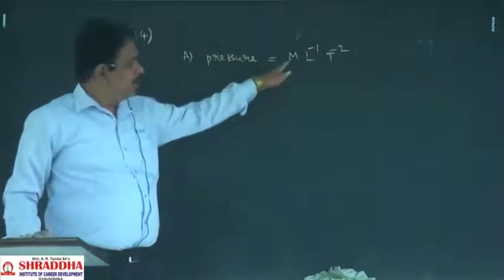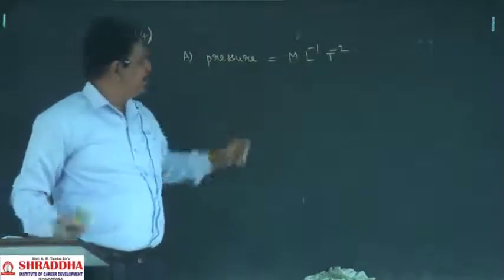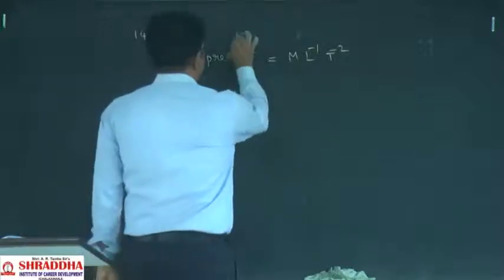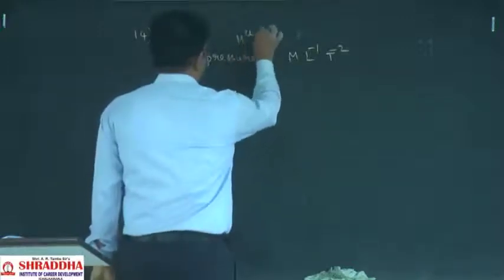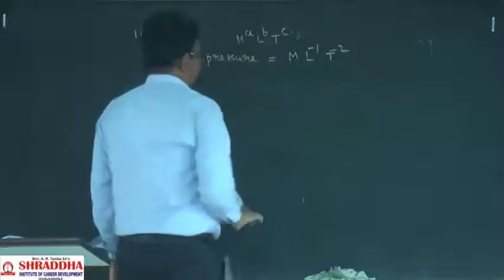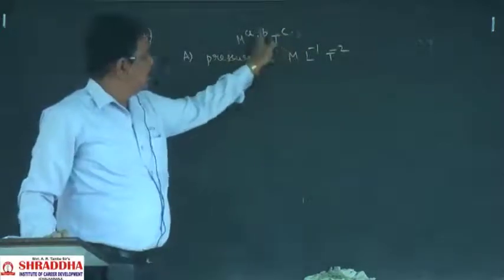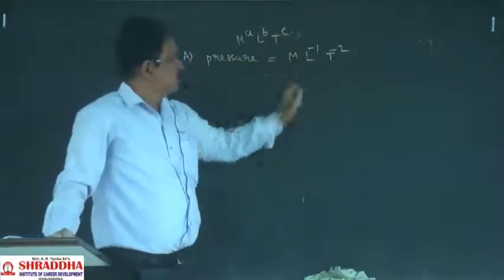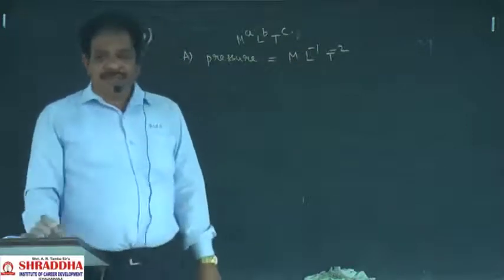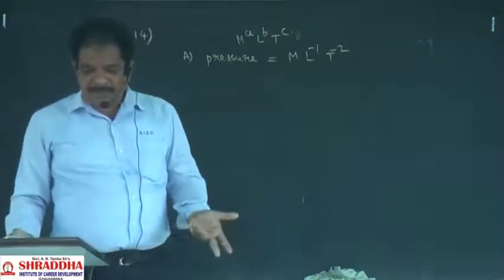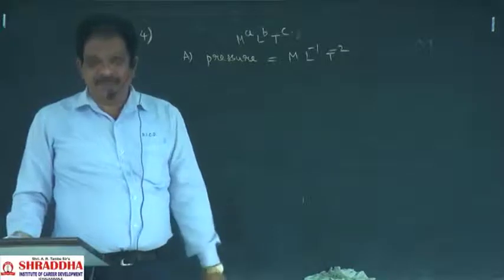If a is equal to 1, b is equal to minus 1, c is equal to minus 2, then that quantity will be pressure. First option will be the correct answer.